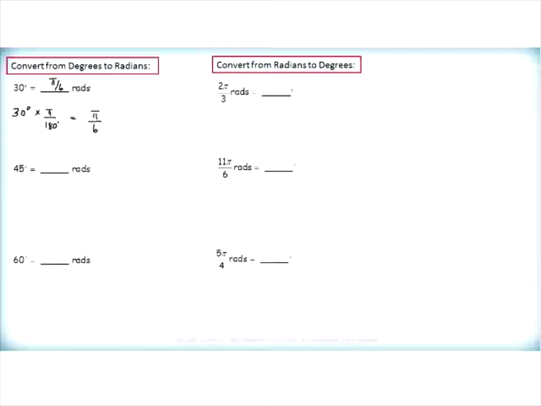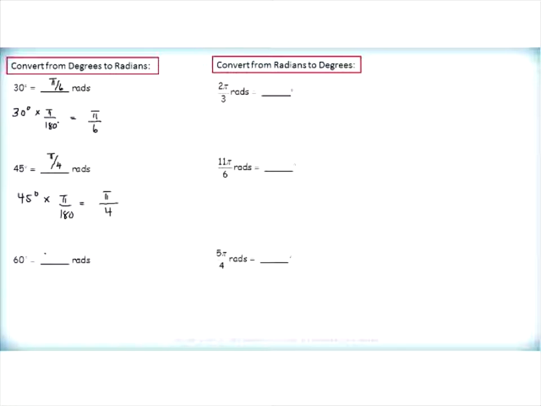And we do the exact same thing with the other angles. 45 degrees, I simply multiply by pi over 180. And when I reduce 45 over 180, I will get pi over 4. So 45 degrees is equal to pi over 4 radians.